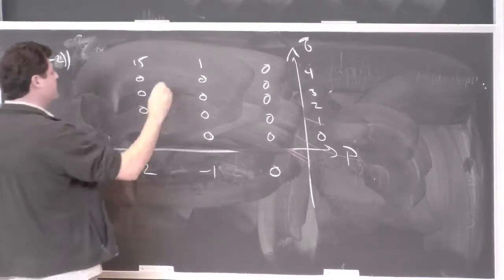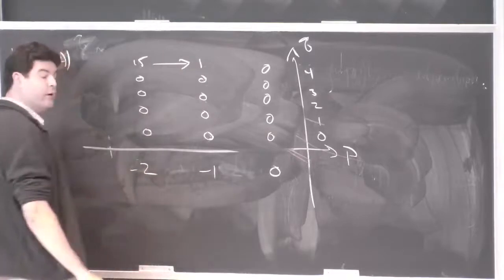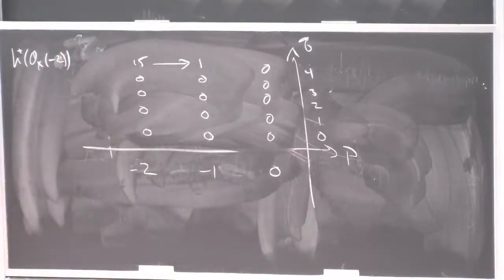So now finally something interesting is happening. We have this boundary map here. And so this boundary map could be 0, or it could be surjective.